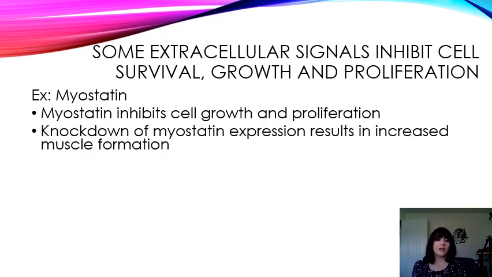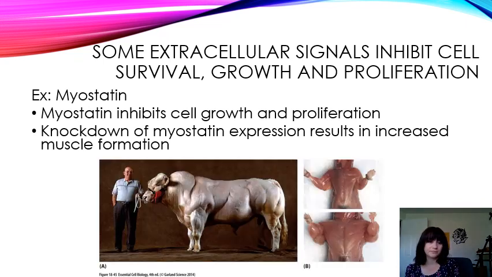Right? If you do this, this is specifically related to muscle cells. It's going to cause these muscle cells to grow in size and also in number. So this tissue size is going to grow really dramatically. And so that is how you get this very fit cow in this picture.